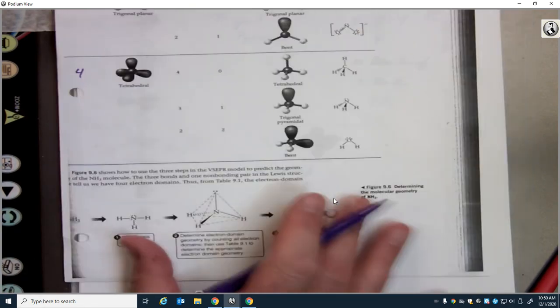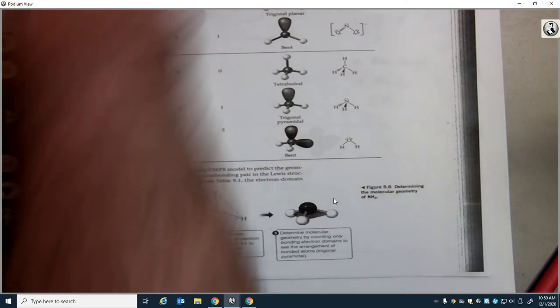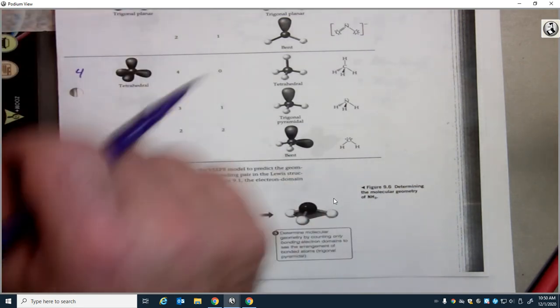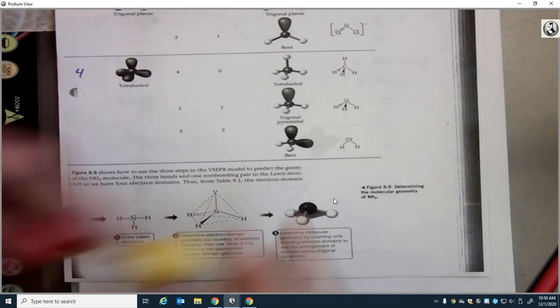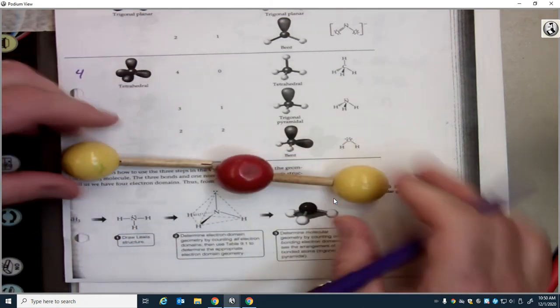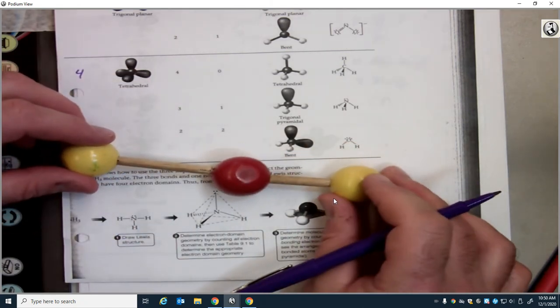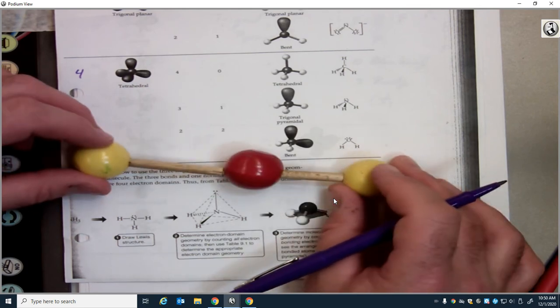So let's focus in right here. If we look at our water molecule, the reason it's bent and not linear is you have to remember that there are 2 more electron domains.